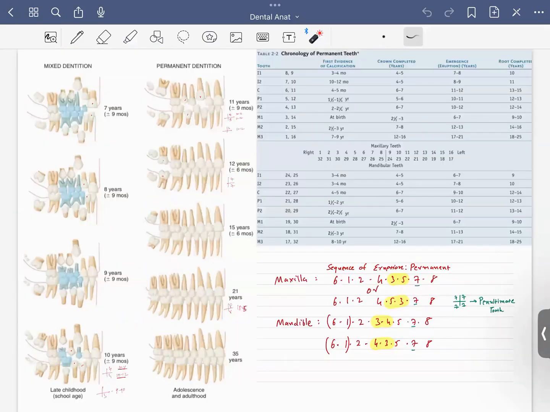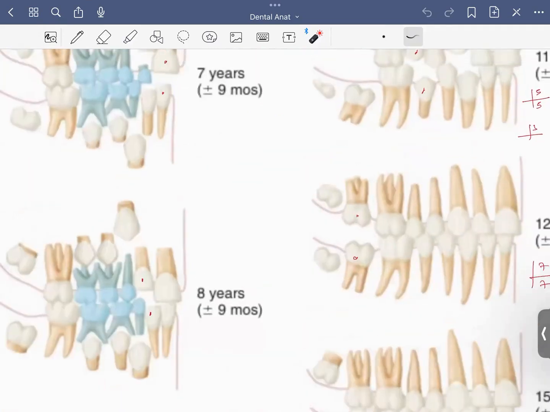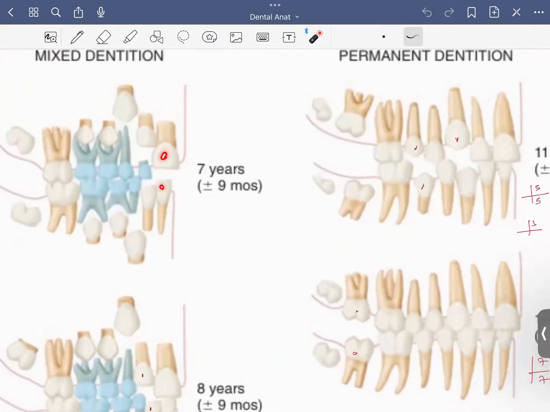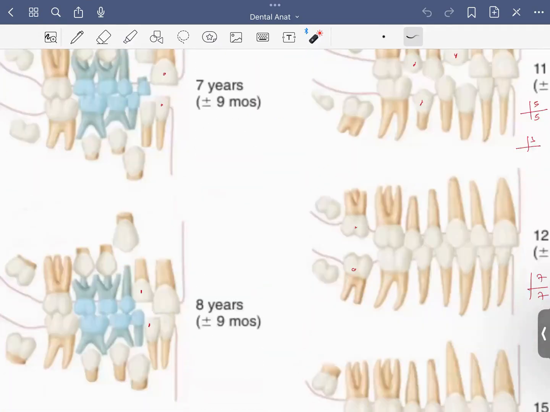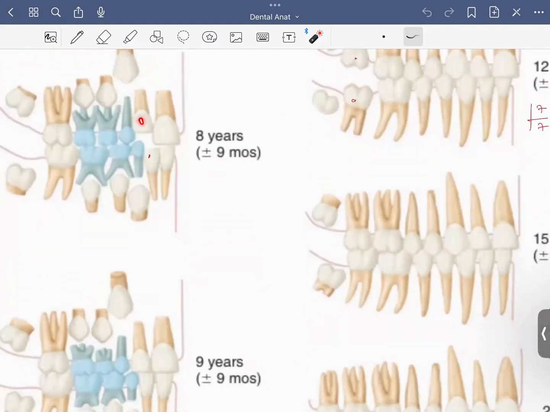The age group for the central and lateral is 7 to 8 and 8 to 9 for the maxillary, and 6 to 7, 7 to 8 for the mandibular central and lateral incisors. So central incisor erupting is 7 years plus or minus 9 months, and lateral incisors erupting is 8 years plus or minus 9 months.